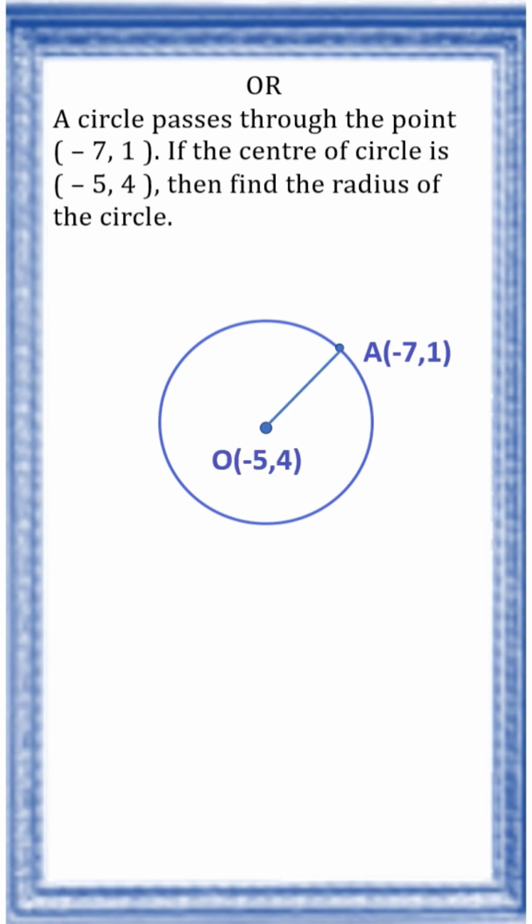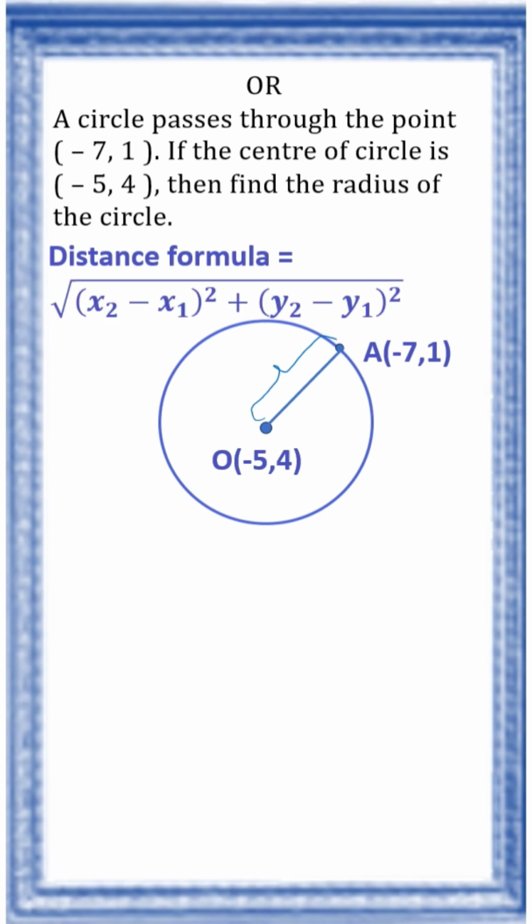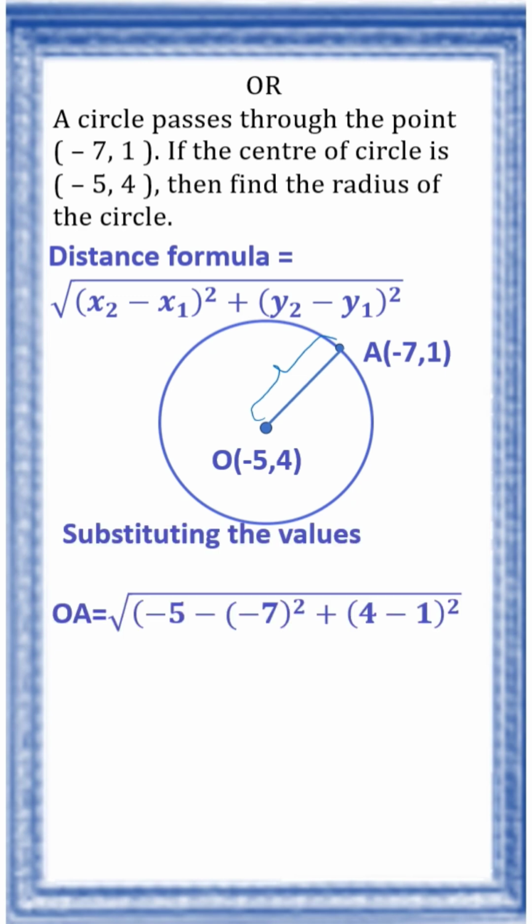This is the radius. That means we have to find the distance between these 2 points, that is OA. By using the distance formula, square root of x2 minus x1 the whole square plus y2 minus y1 the whole square. Now let us substitute the values. What do you get? OA is equal to, look at the figure, negative of 5 minus negative 7 the whole square plus 4 minus 1 the whole square.